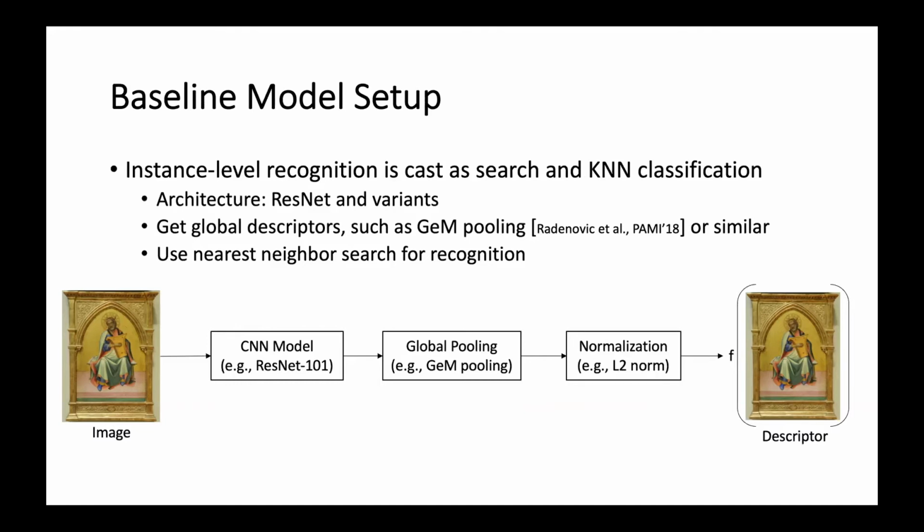Specifically, we use ResNet as the model architecture. Then we use global pooling, for example, GeM pooling, and normalization techniques, for example, L2 norm, to get the global descriptors for the image. After that, we can use nearest neighbor search for recognition.